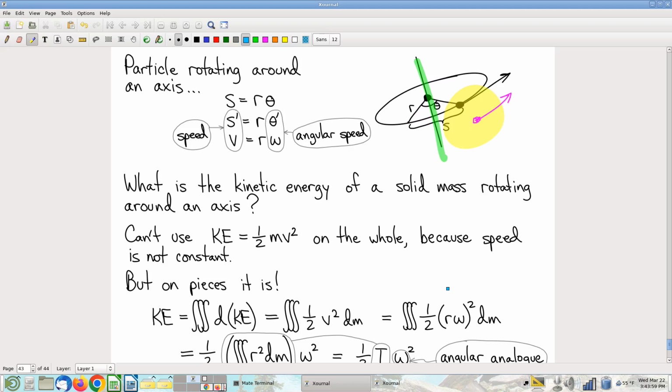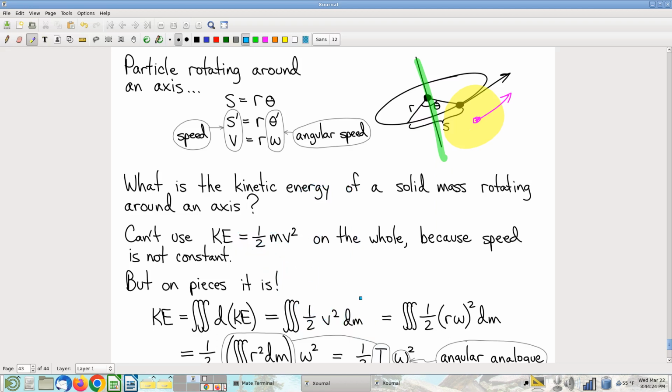The angular speed is a constant, yes. In this formula right here, 1/2 v squared, and the m is this dm right here that represents the mass in that little piece that's actually moving. Is that cool? Yeah. All right.